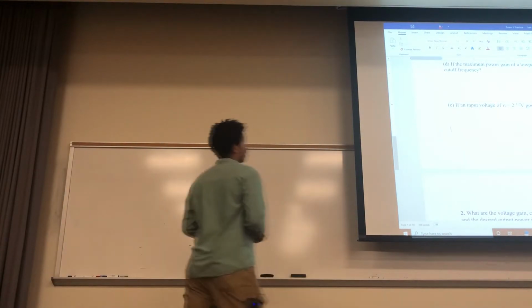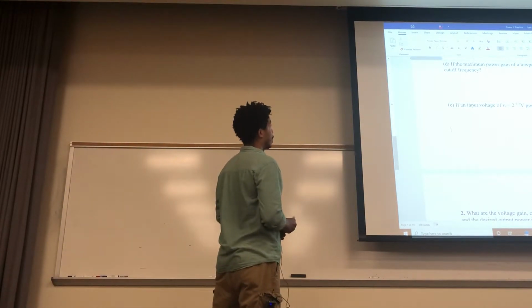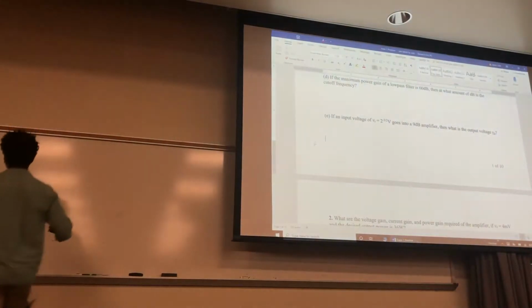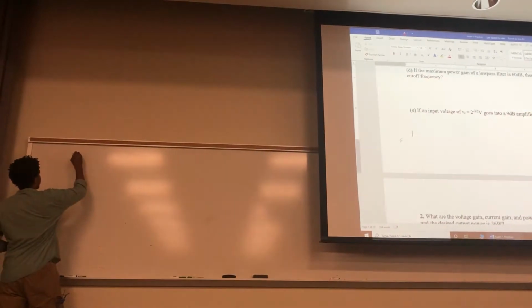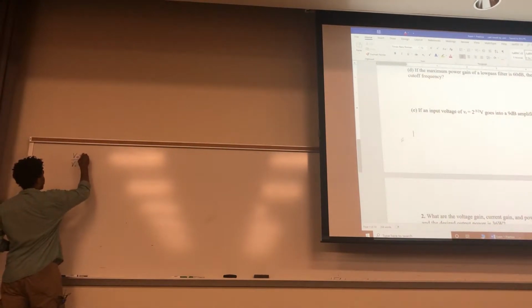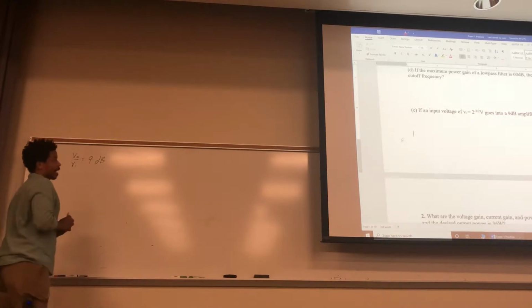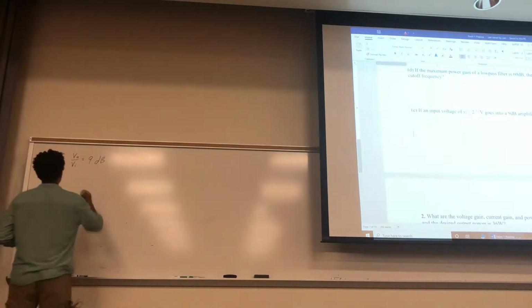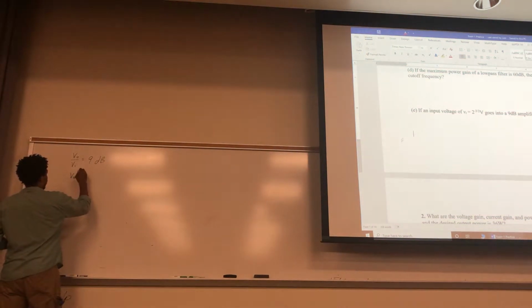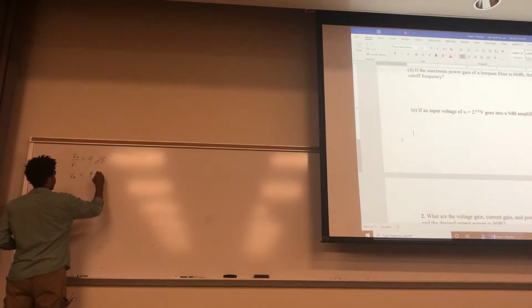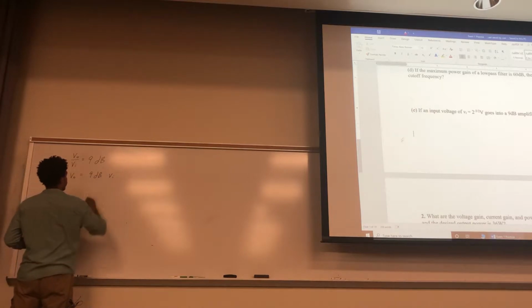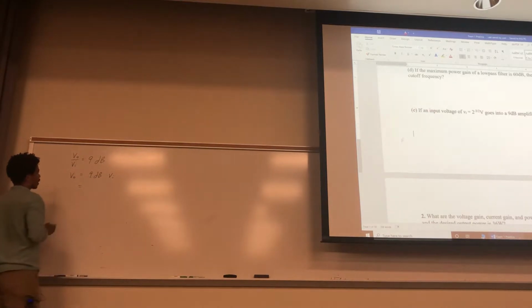Okay, so if the input, so here's what we know. Vout over Vin is 9 decibels, right? And so we're trying to find out what the Vout is. Okay, so 9 decibels.